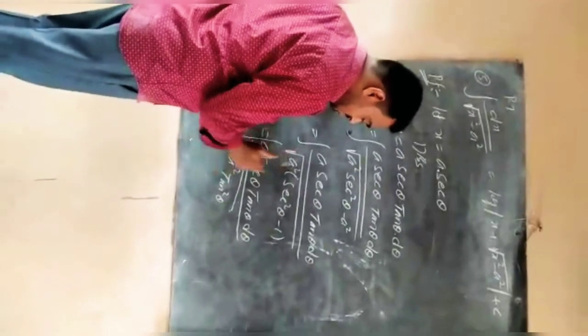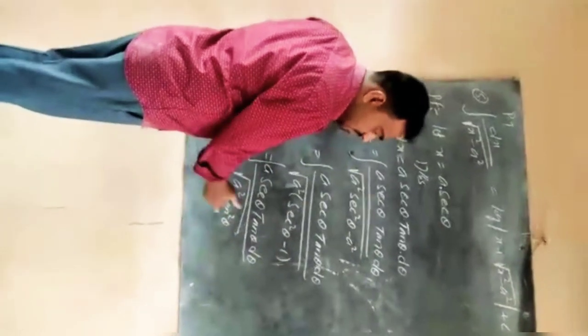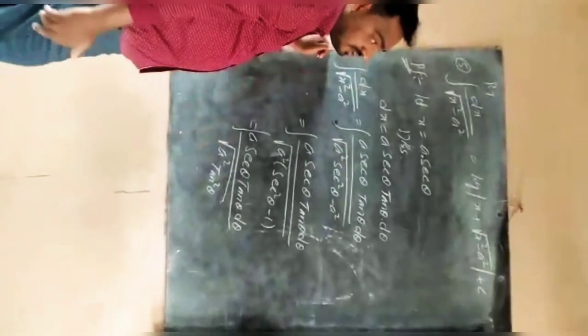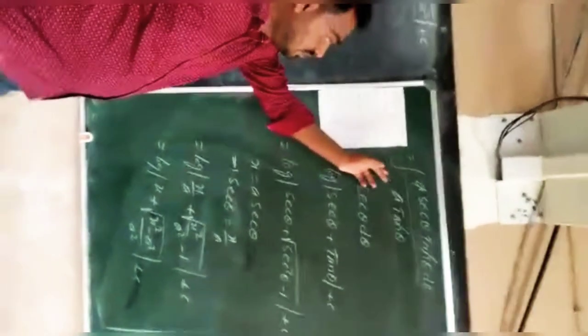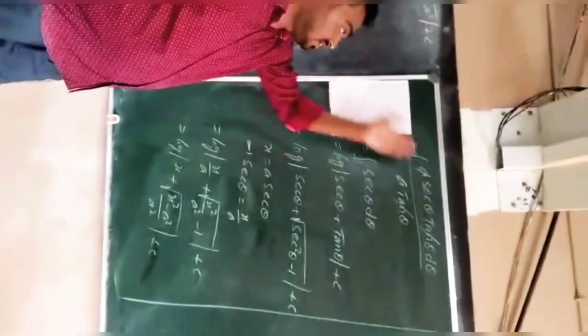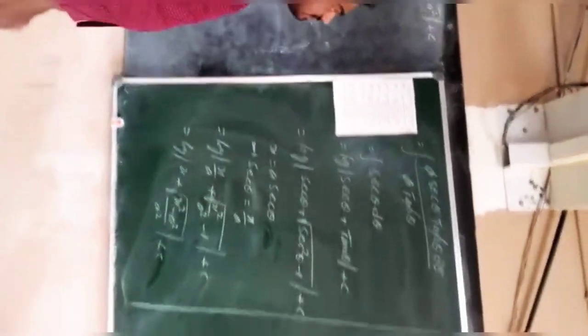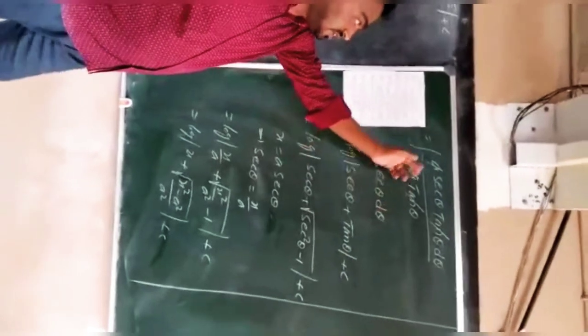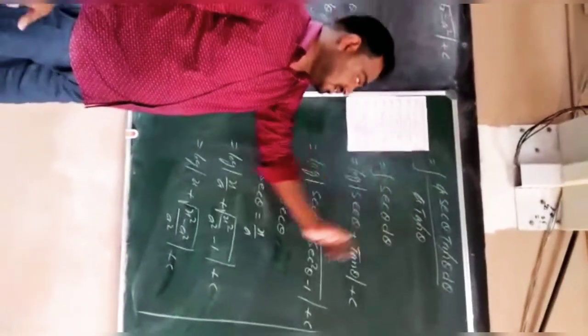The square root of a square into secant square theta minus 1 is equal to tan square theta, from the trigonometric identity. Now this is equal to the integration of the numerator as it is written, a secant theta tan theta d theta. So here the square root gets cancelled, remaining a tan theta. Here a gets cancelled, tan theta gets cancelled. Remaining is the integration of secant theta d theta.